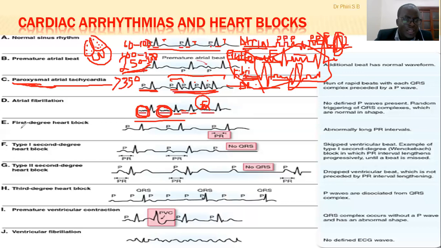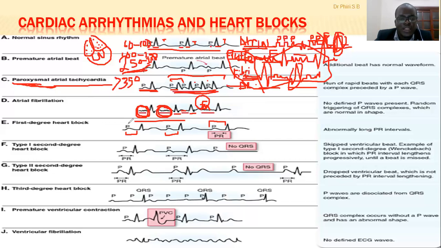Then down here, you have the first degree heart block. So we said in the first degree heart block, you have elongation of the PR segment, which is consistent. You can see this PR segment is consistent from here, even here, same duration of PR segment without a missing QRS complex.